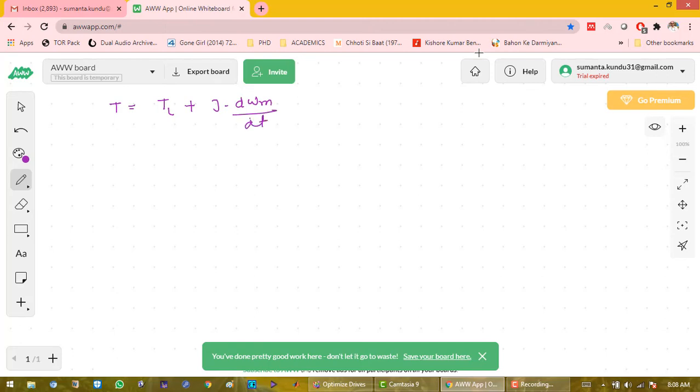This equation we have derived. Now I will solve it. So J d omega m by dt equals T minus TL.